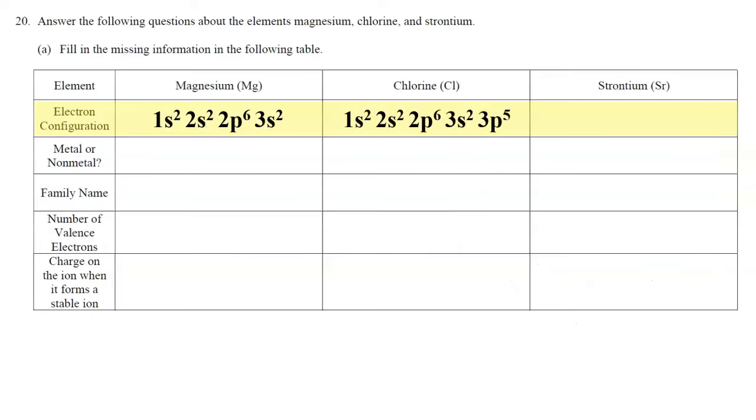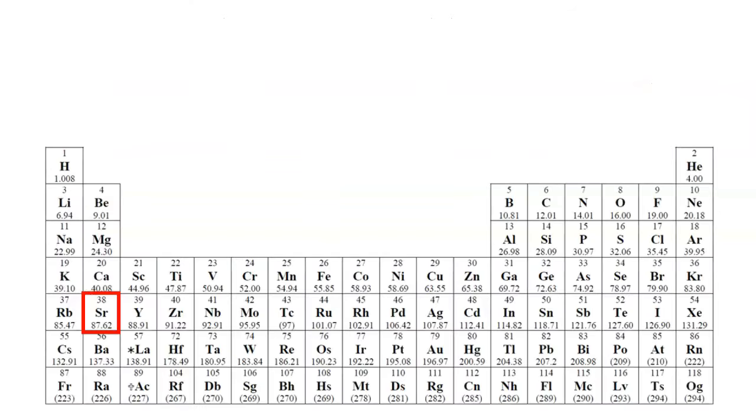Now for strontium, it has a total of 38 electrons. So let's write the complete electron configuration for strontium, and then we can see how that can be abbreviated with a noble gas.